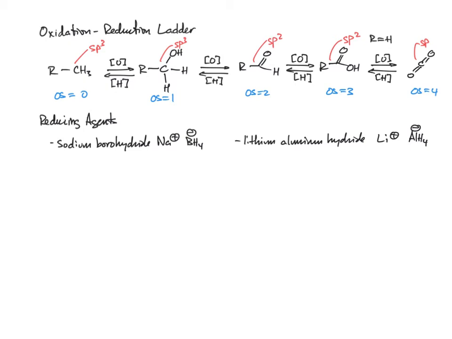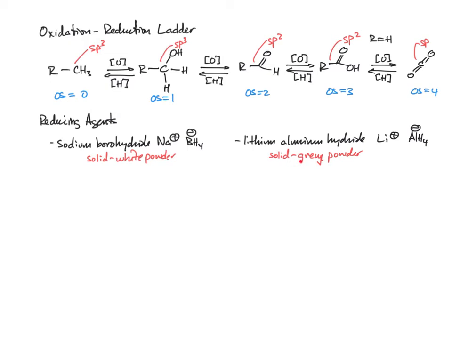So sodium borohydride is typically a solid, and it's usually a white powder. It's a bit hygroscopic, meaning it takes on water. It gets a little sticky when you're weighing it out. Lithium aluminum hydride is a solid as well. It has more of a grayish color to it, so gray powder.